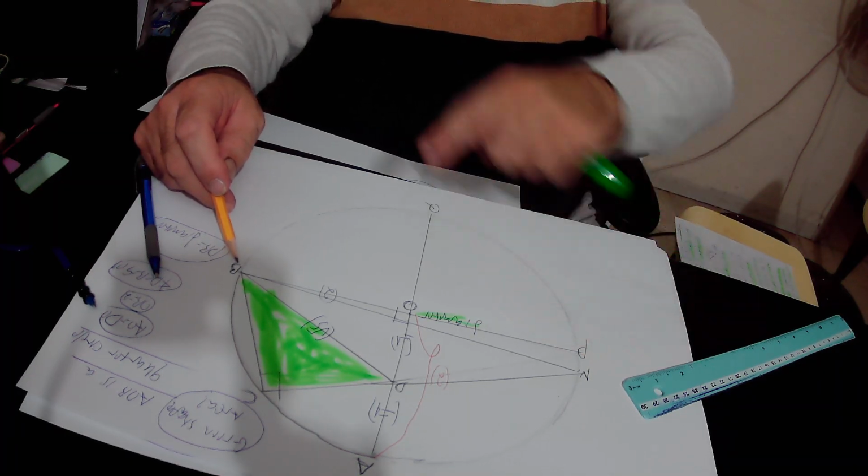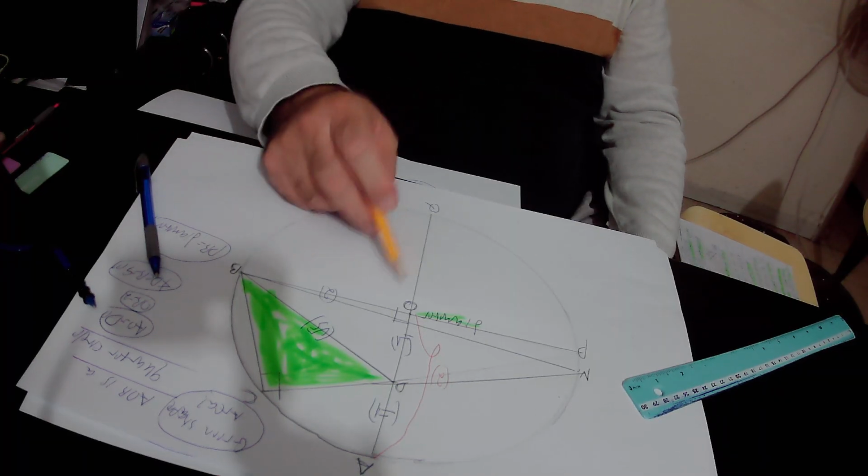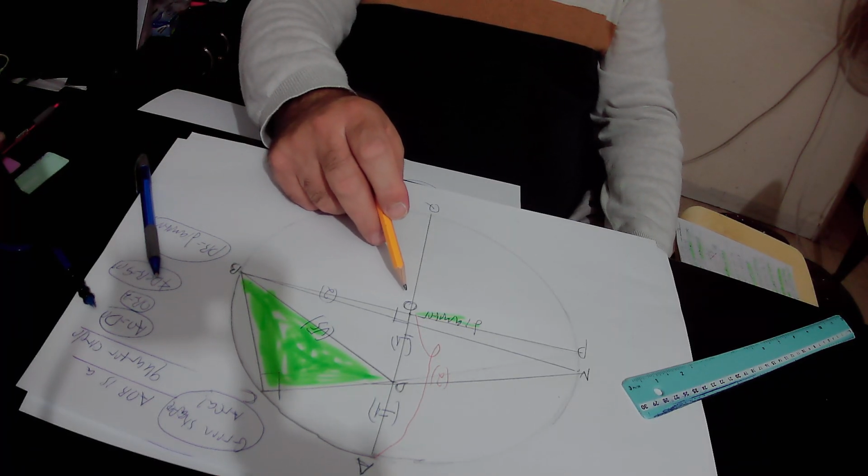That is definitely not the diameter of the circle, because chord NB doesn't pass through point O, the center of the circle, and any chord that is not passing through the center of the circle cannot be the diameter of the circle.